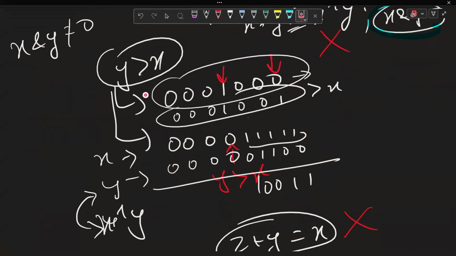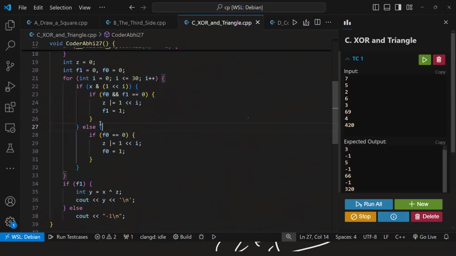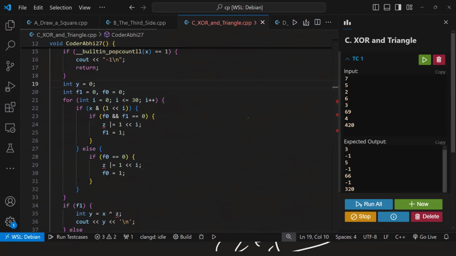I just need the first unset bit and the first set bit. So what I'm doing here is, if I get an unset bit, I'm putting it in Z. The Z that I'm writing here is actually Y. Let me write that as Y only.